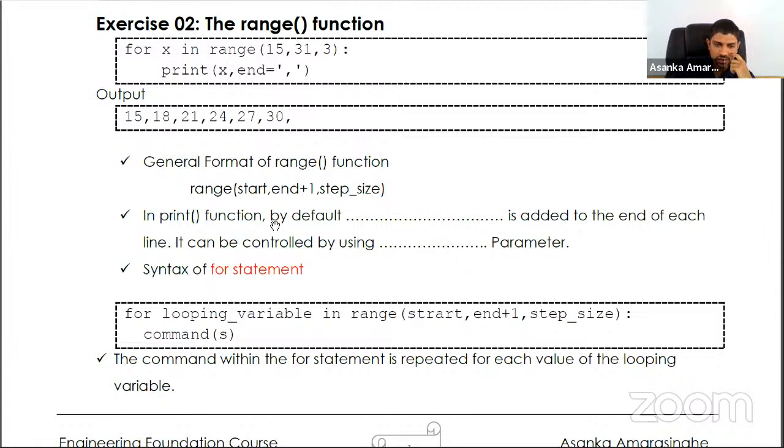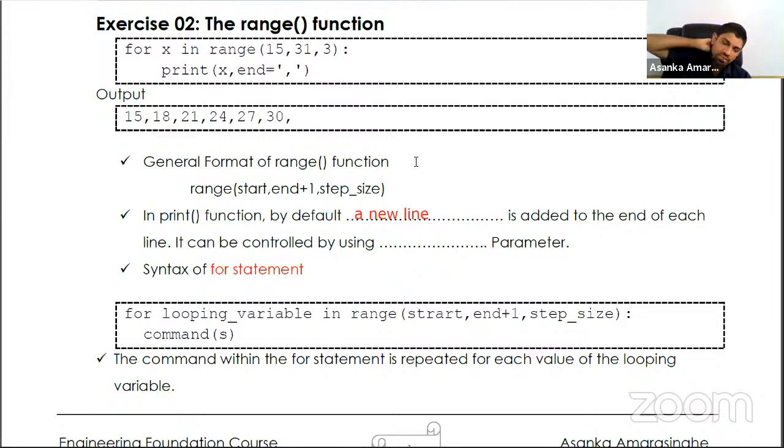Okay, look at the second point. In the print function, by default, a new line is added to the end of each line. අපි අරගෙන එක print එකක් කරලා ඊළඟ print එක කරනකොට ඒක ඊළඟ පේලියේ එන්නේ. මොකද අර පළවෙනි එකේ new line එකක් print වෙනවා ඒකයි.